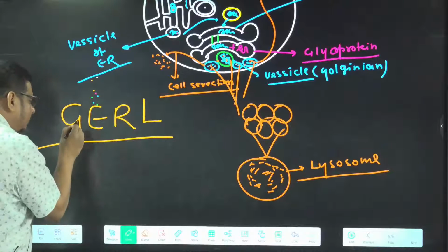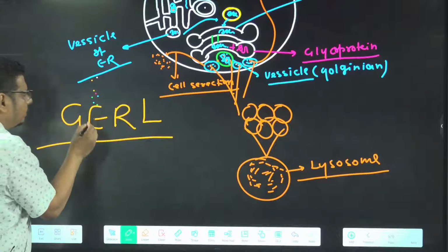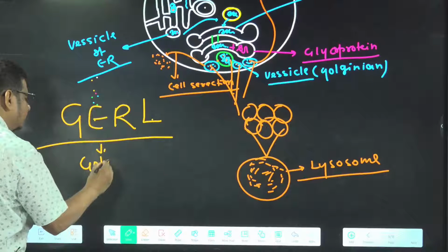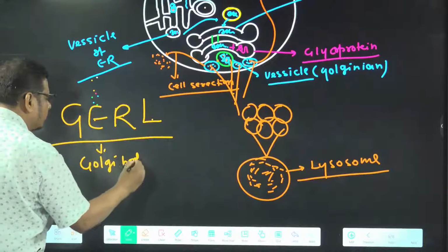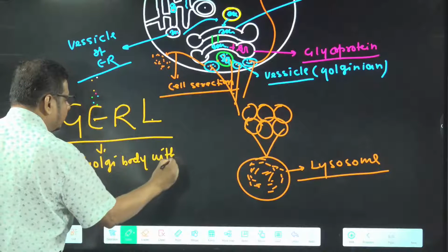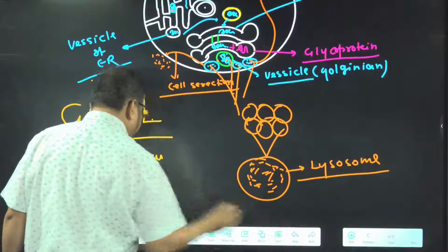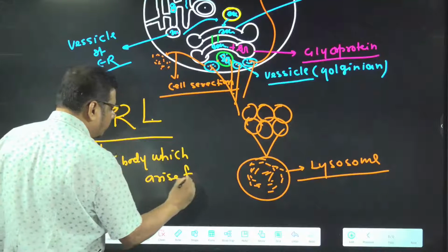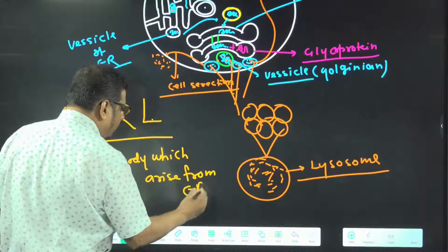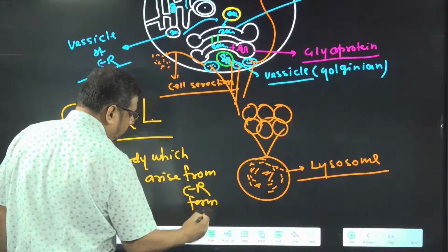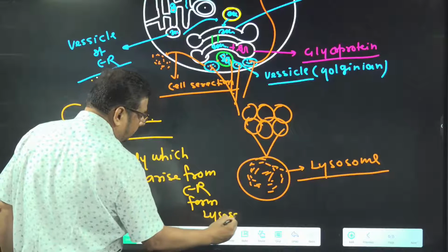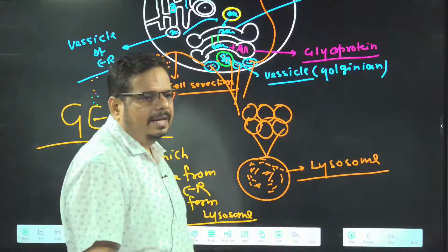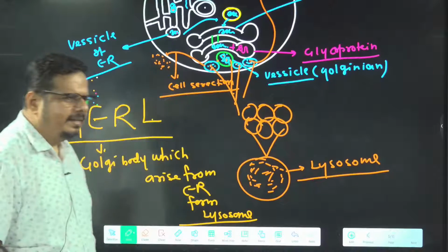Golgi body which arises from ER forms lysosome. So Golgi body is over. Now we are going to deal with which one? Lysosome and vacuole.